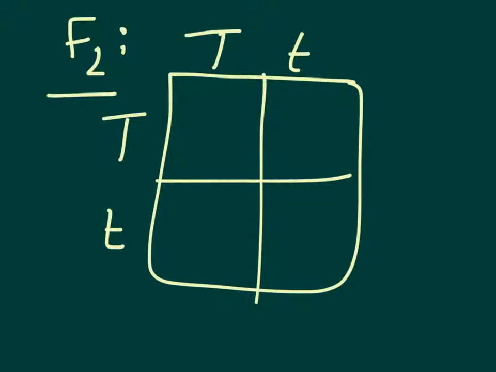So in my first box, homozygous or heterozygous? Homozygous dominant or homozygous recessive? My second box, either next to or below. Let's do both at the same time. And my last box?